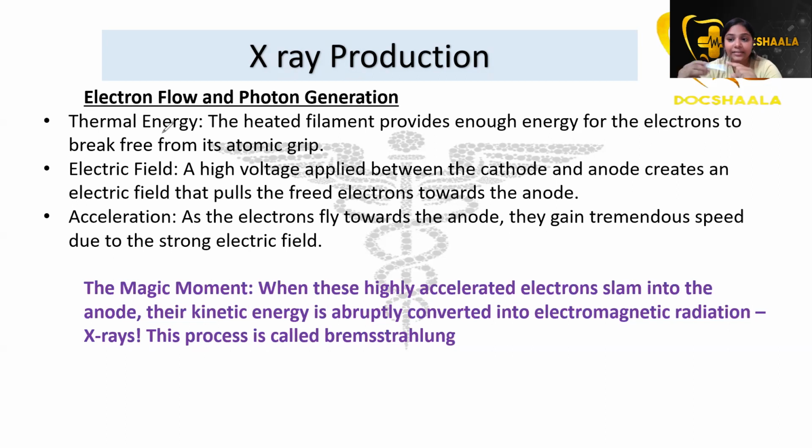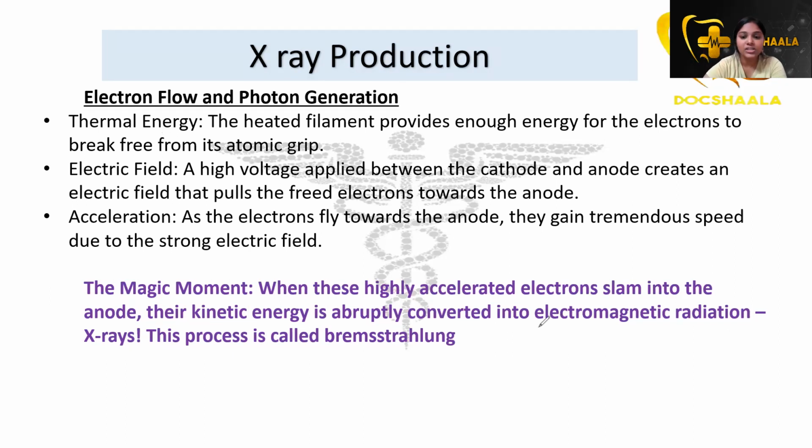Then an electric field is generated, and the electrons get accelerated and fly towards the anode. The magic moment happens when these accelerated electrons slam into the anode, and their kinetic energy is abruptly converted into electromagnetic radiation.